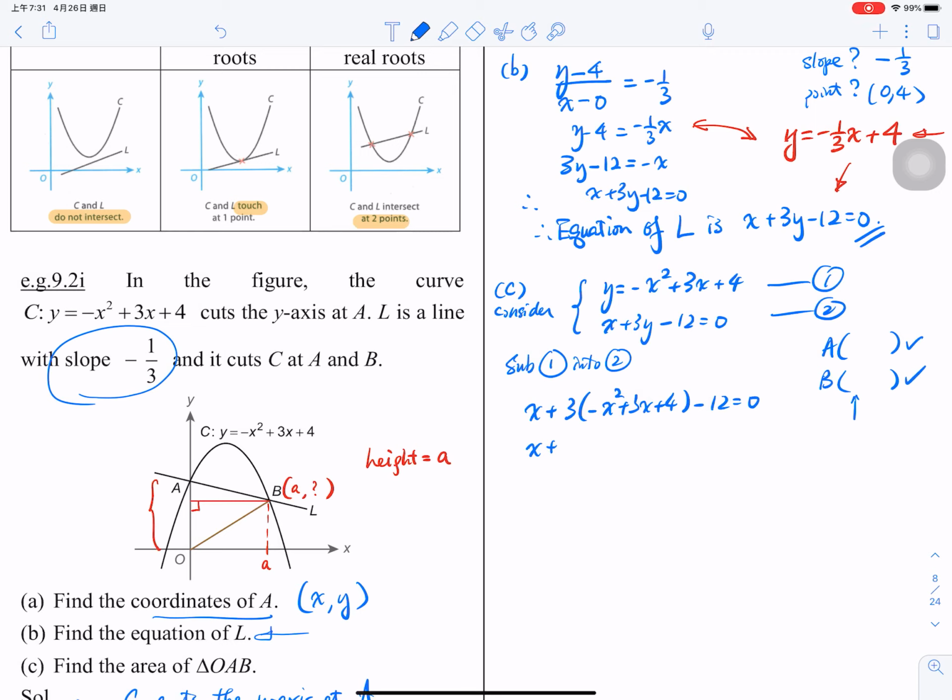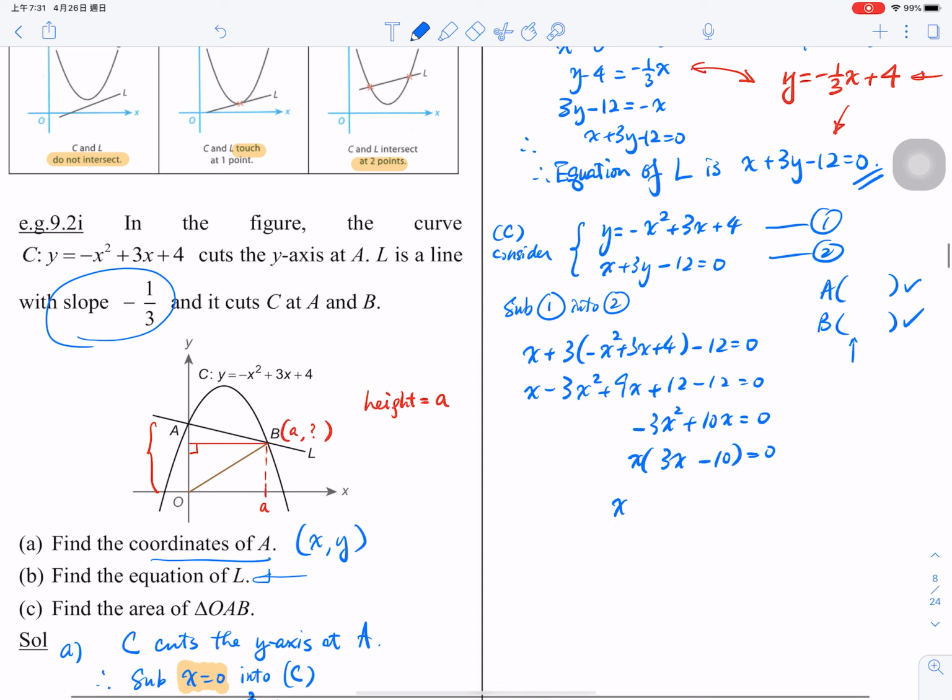Let's see. x minus 3x squared plus 9x plus 12 minus 12 equals to 0. Right, at the end, negative 3x squared plus 10x equals to 0, and x times 3x minus 10 equals to 0. So x equals to 0, or x equals to 10 over 3.